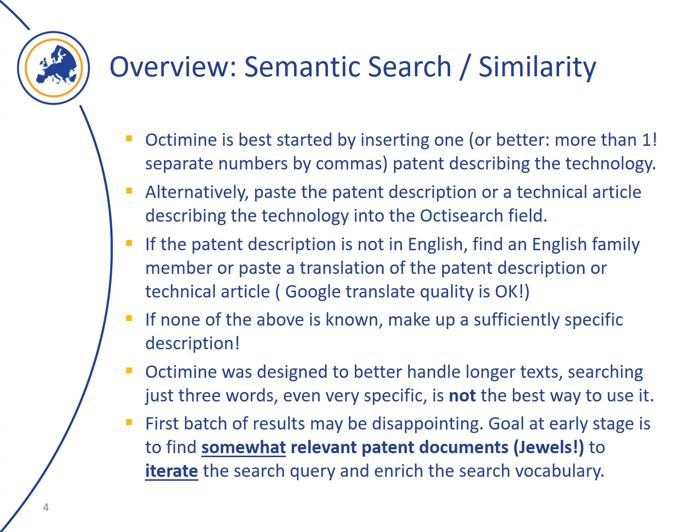So Optimine is used as this example software. You could also do it clearly with other software which is able to do semantic search. Nowadays, very recent patent search software has this feature of semantic search.